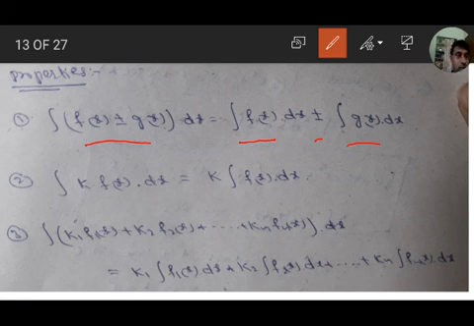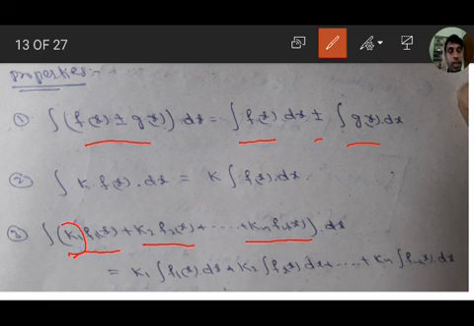If it is 3, it means the sum of 3. If it is 4, it means the sum of 4 functions, like that. Third one, integration of k1 into f1 x plus k2 into f2 x plus k3 into f3 x and so on up to kn into fn x, a sum of n functions.